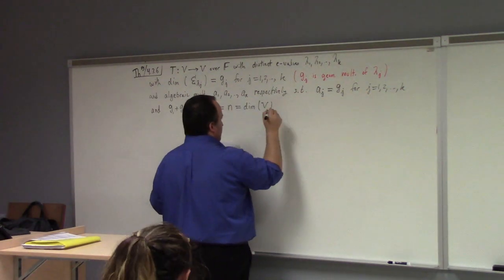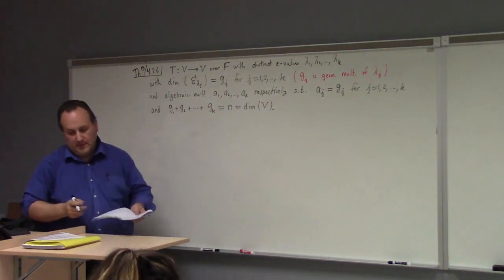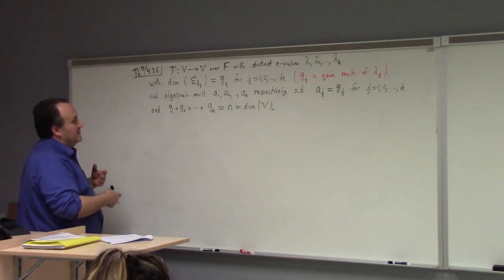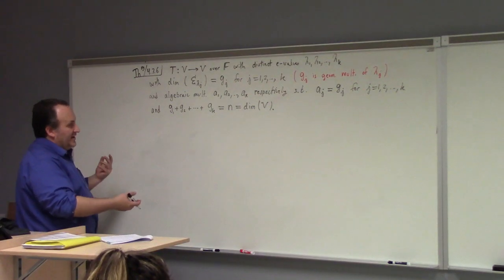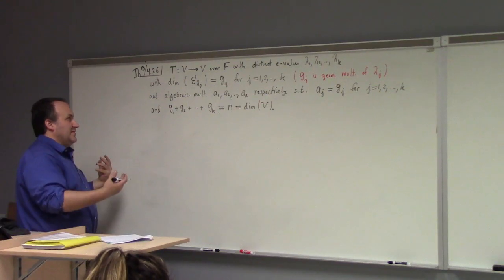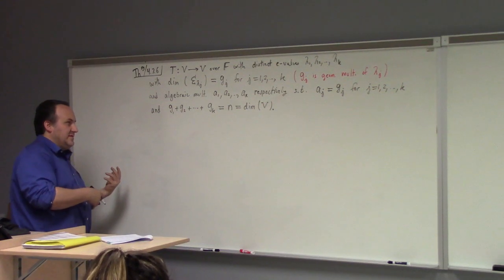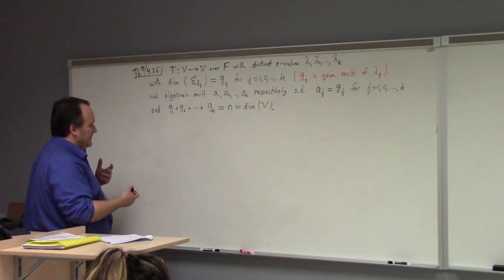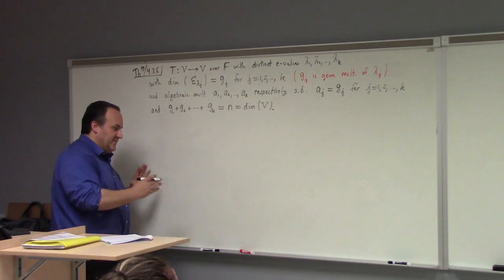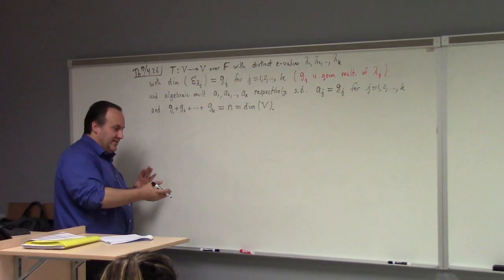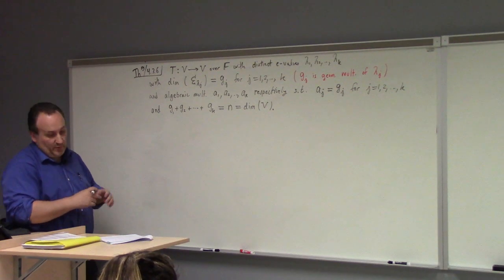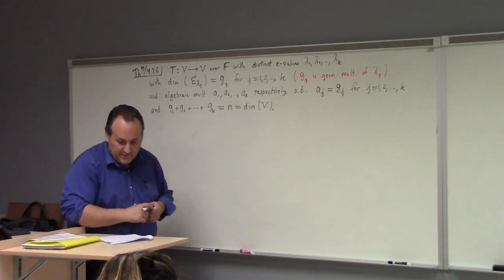So that's the data going into this thing. So just to rehash, we've got k distinct eigenvalues, and the geometric multiplicity is equal to the algebraic multiplicity in each case. So algebraic multiplicity, remember, refers to the number of times the factor corresponding to the eigenvalue is repeated in the characteristic polynomial, right? Okay, so that's the data, and then what's the conclusion?